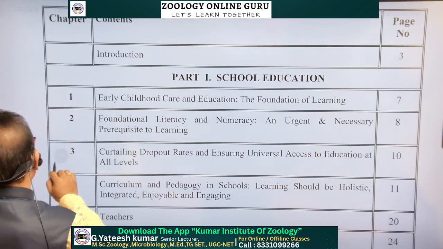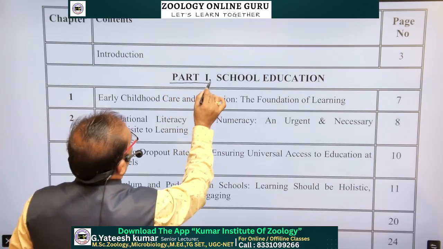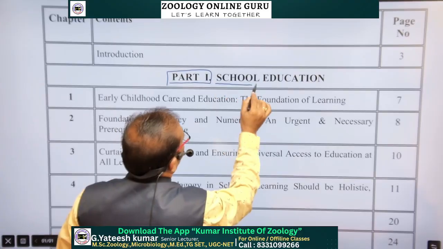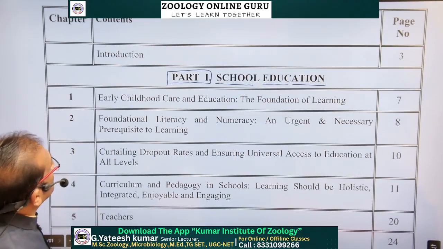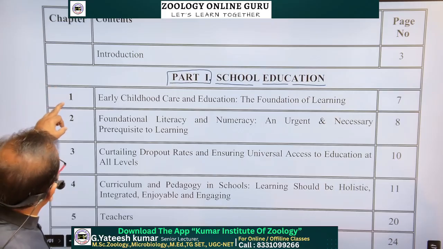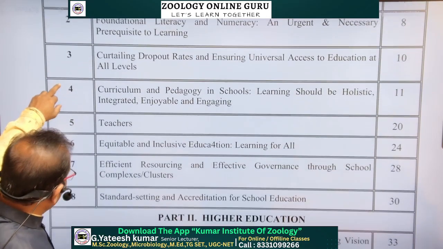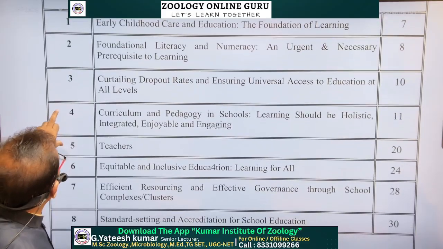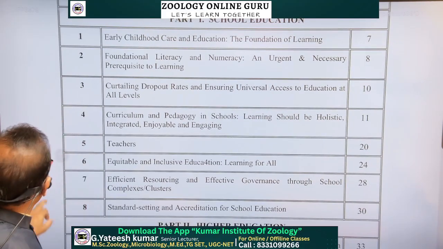Coming to the first part, part 1. Part 1 is about school education, and here the total chapters are 8.